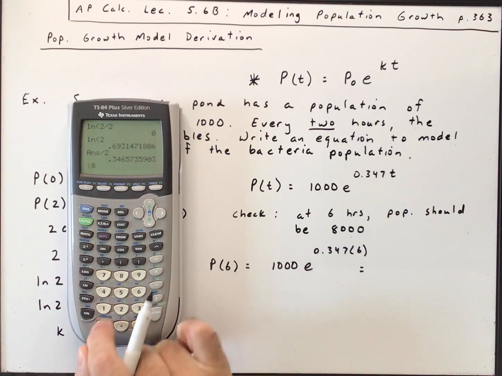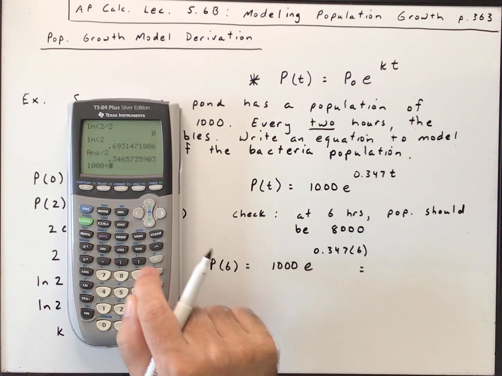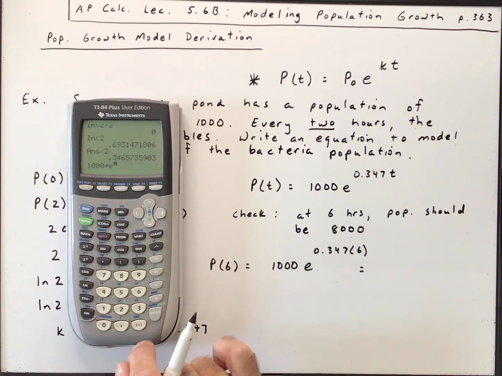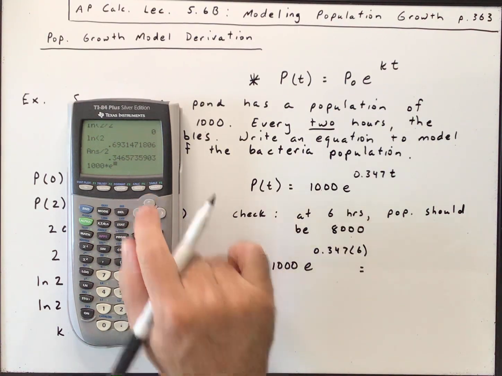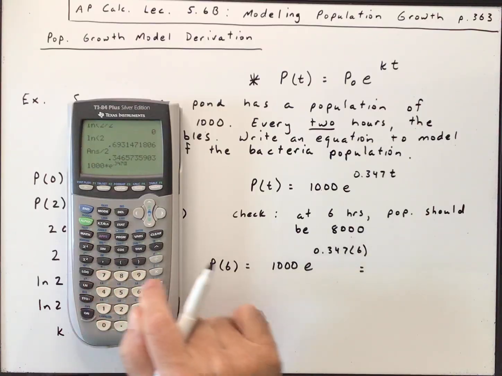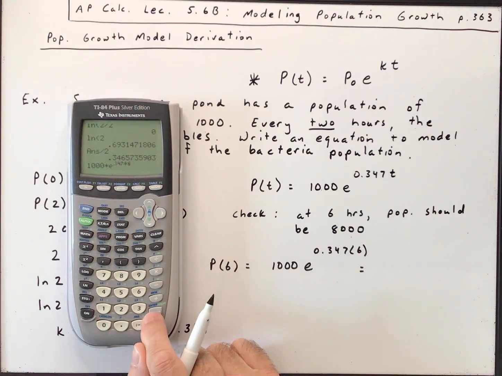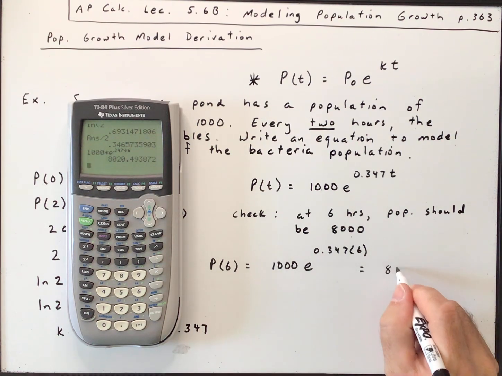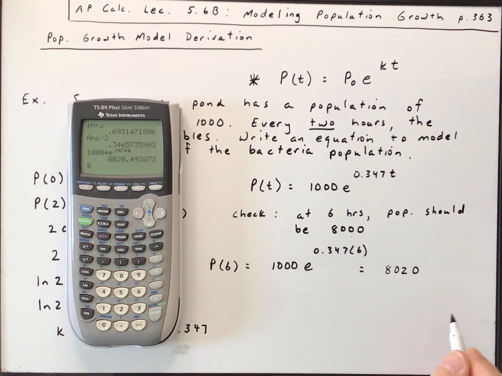Okay, so I would have 1,000 times E to the, I'm gonna do 0.347 times 6, and you get 8,020, which is approximately equal to 8,000. So pretty close.